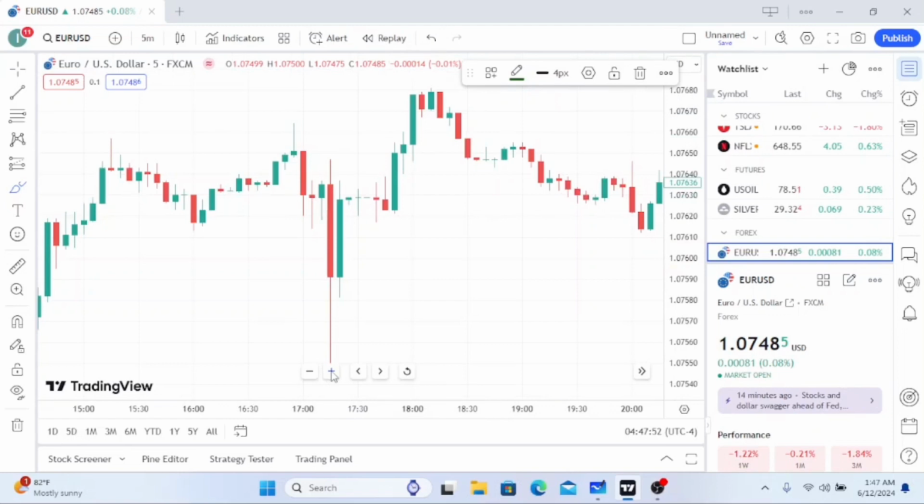So this is a diagrammatic representation of a doji candle. Like I said, it can occur in any color, be it red or green. This is a diagrammatic illustration of a doji candle right here.